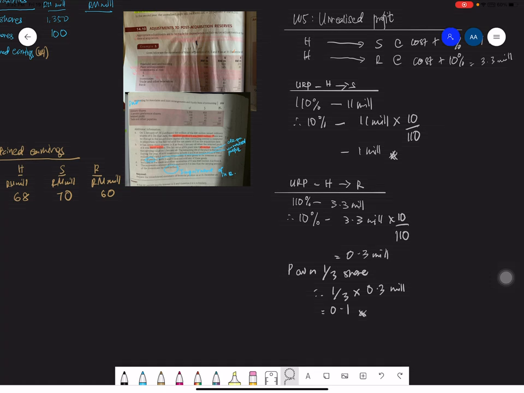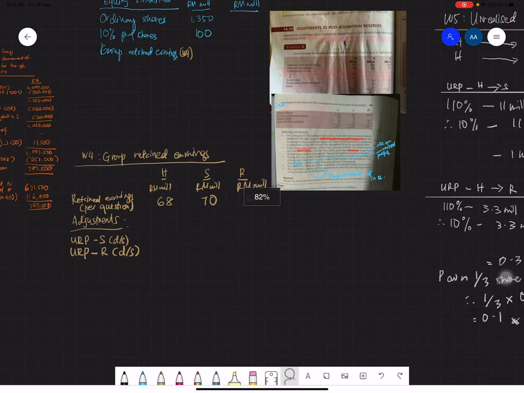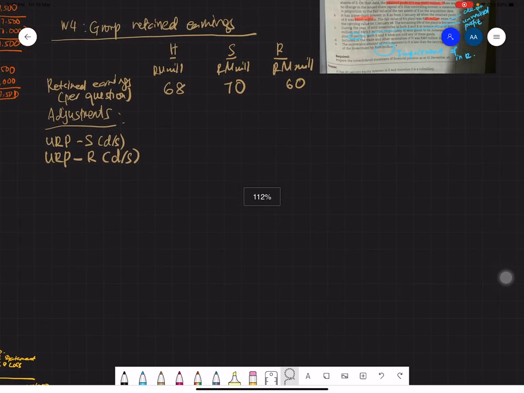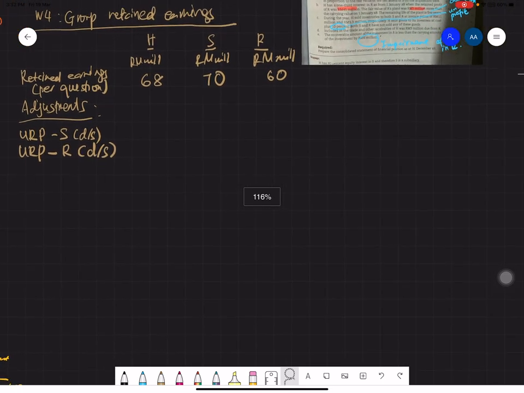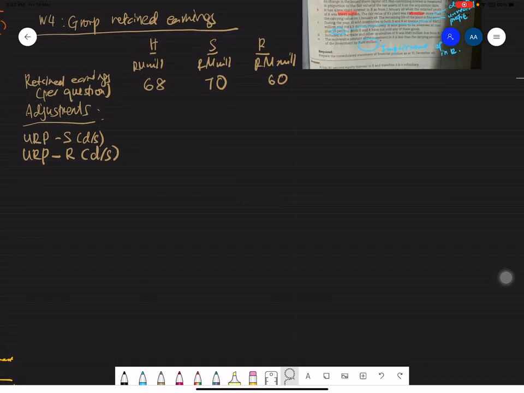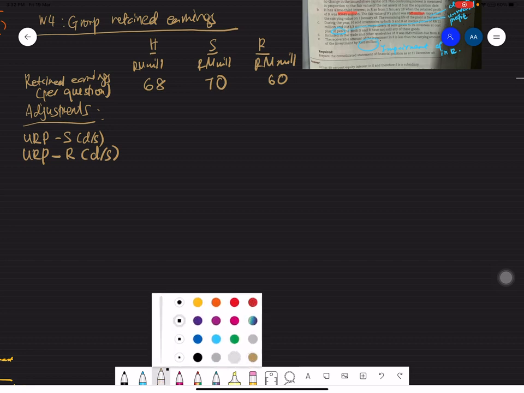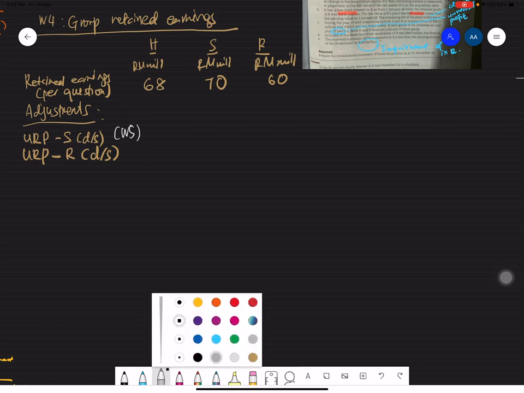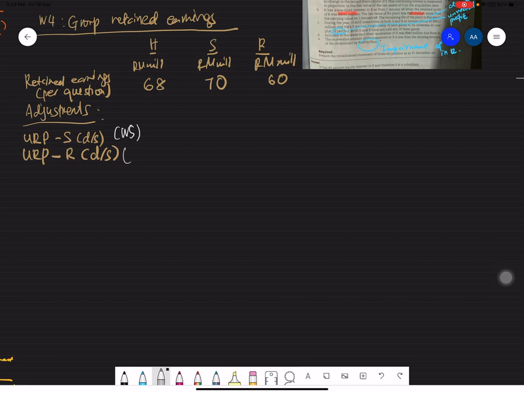So this is working 5. You already know how to calculate unrealized profit from AFA 1, isn't it?